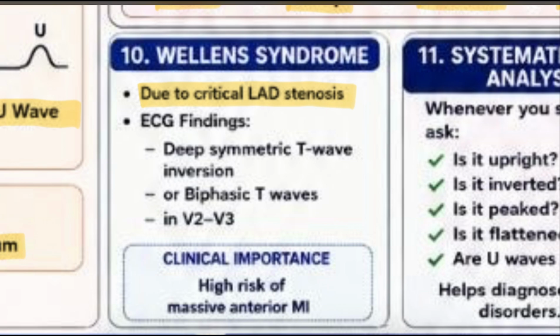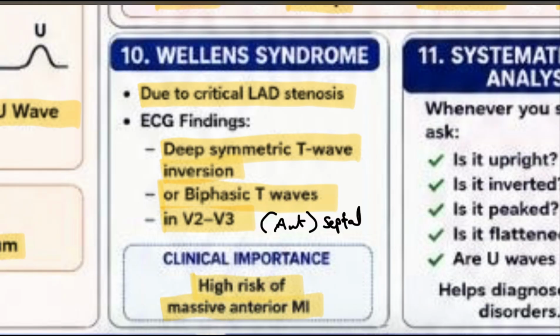In ECG findings, we can see deep symmetric T wave inversion or biphasic T waves in V1, V2 to V3, because it is the LAD, right? So we have to suspect anterior or septal involvement. That's why V2 to V3. In clinical importance, there is a high risk of massive anterior myocardial infarction.